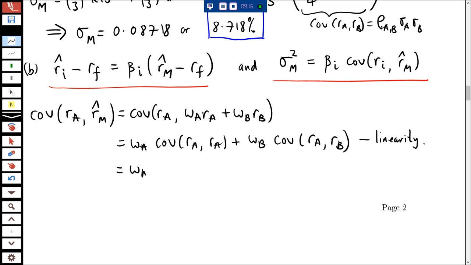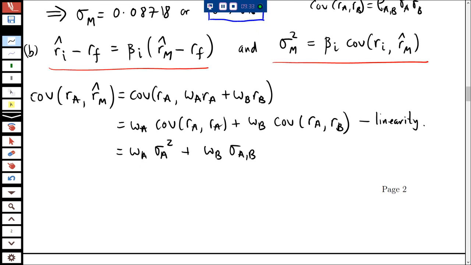And we know the covariance of something against itself is by definition the variance. Everything else stays the same. And we have all these numbers.